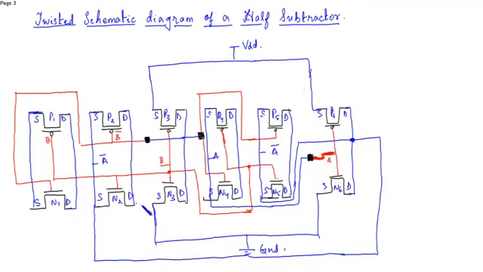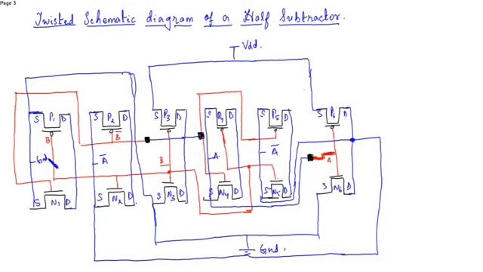In order to connect this with ground, we can't take it from here because there's a metal layer, so we'll take it through the poly layers. So this is your ground.